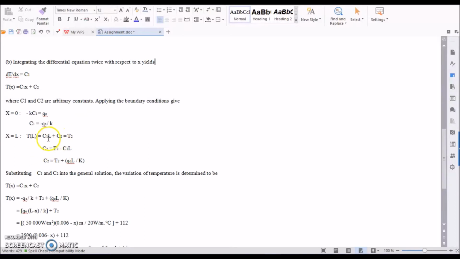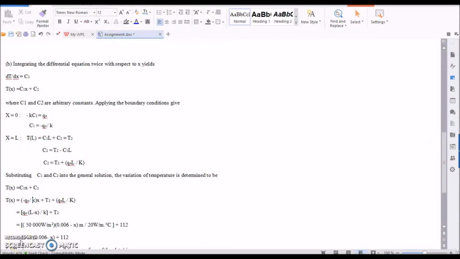So C2, we move the C1L to the right side. So T2 minus C1 times L. Then C1 we replace with negative q over k. So we already have C1 and C2.